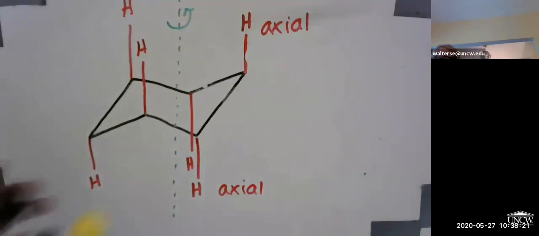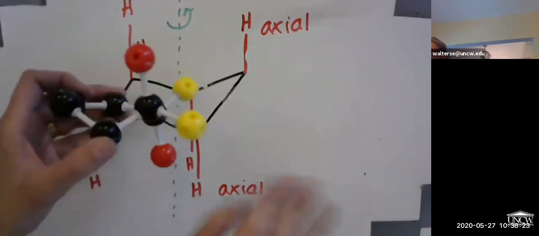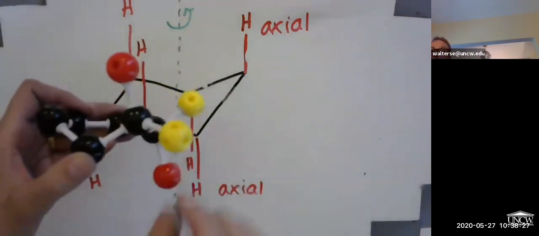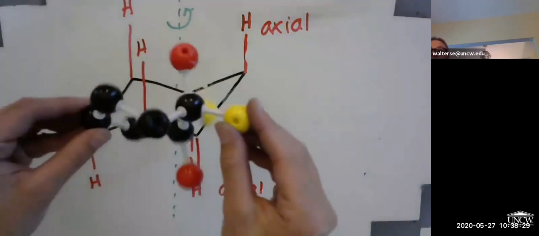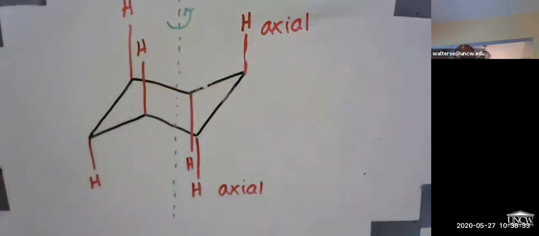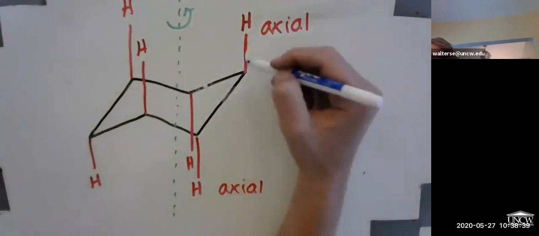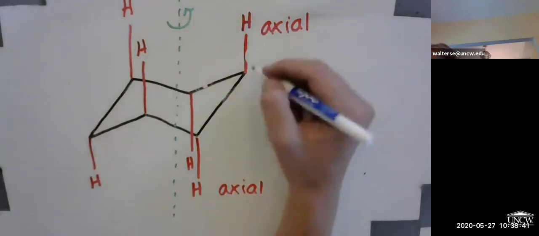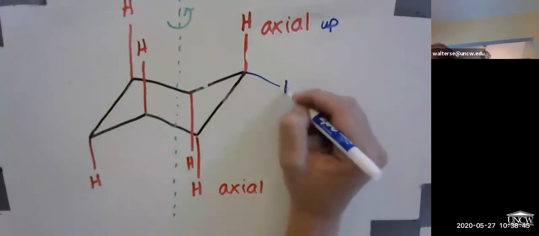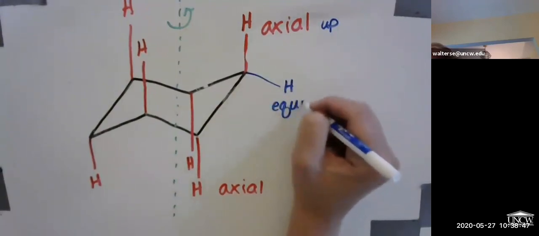Now, if you look at the yellow ones, they're coming out from the ring, but they're coming out across from the central line around the ring. The central line around the Earth is called the equator, so we call them equatorial positions. If your axial is up, then your equatorial position is down.